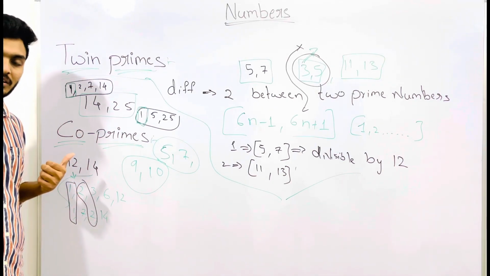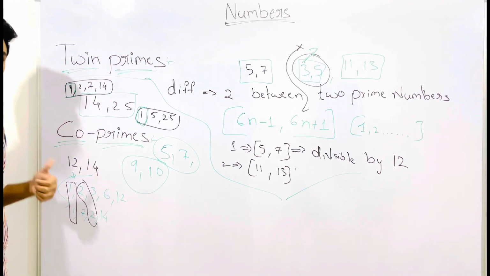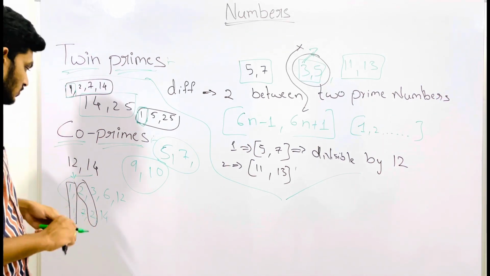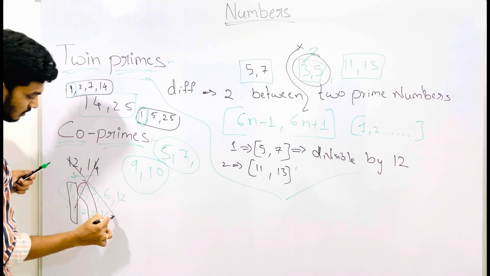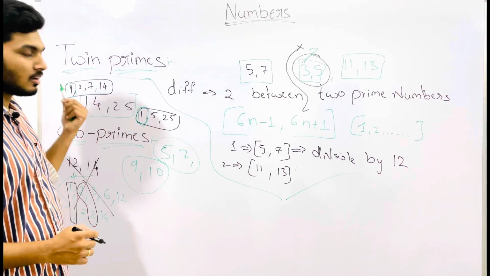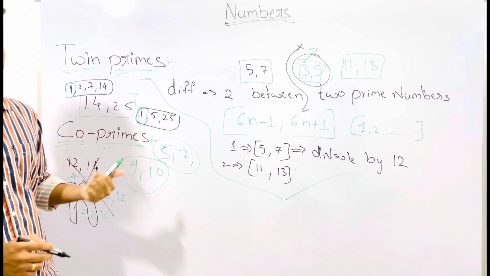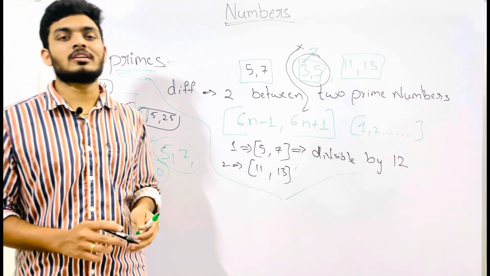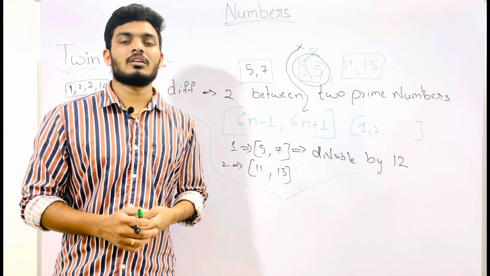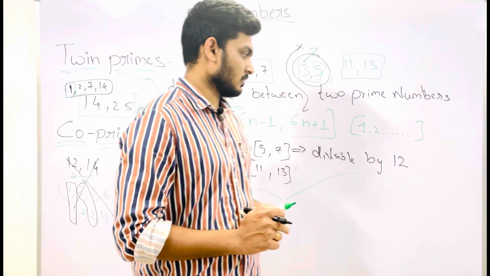If the highest common factor is not 1, then those numbers are not coprimes, so these two numbers are not coprimes. The other examples are valid for this definition. We will discuss HCF in detail in further classes, and that's it.